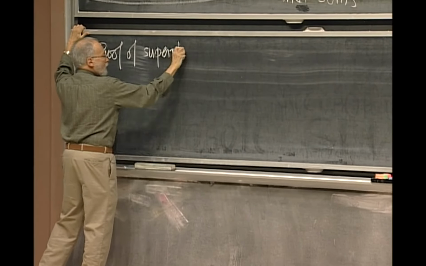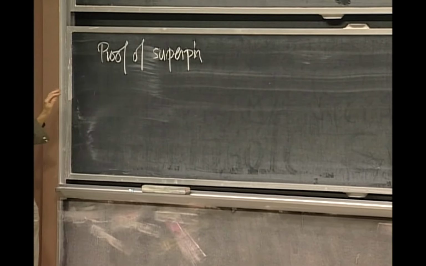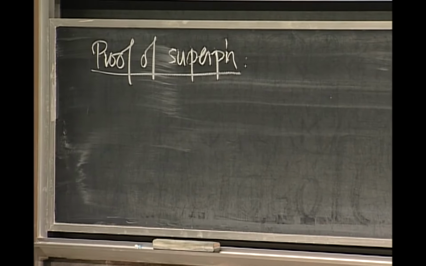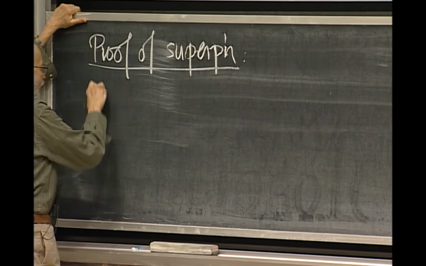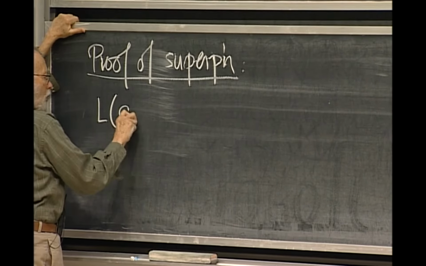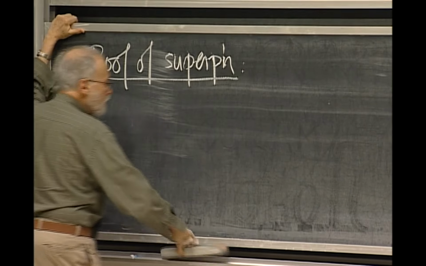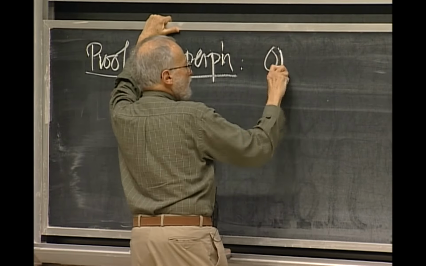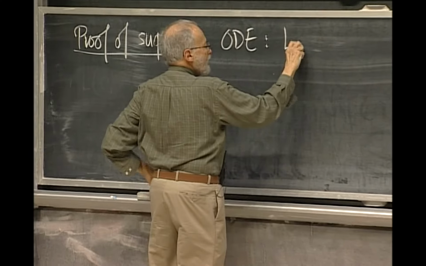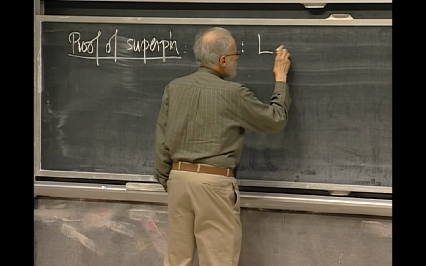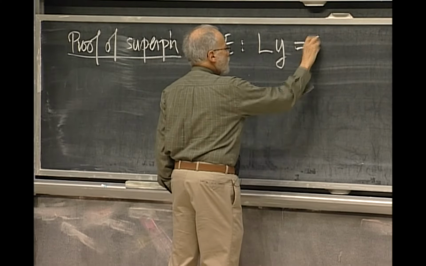The proof of the superposition principle, if you believe that the operator is linear, then L of C1 Y1 plus C2 Y2 is what we need. In other words, the ODE is Ly equals 0, where L is D squared plus PD plus Q.